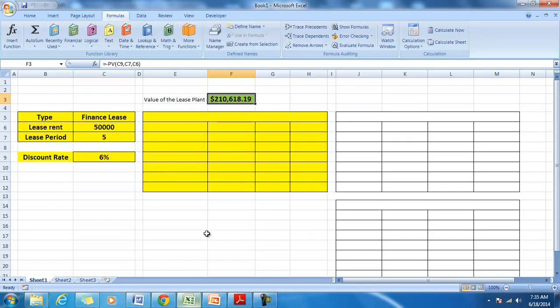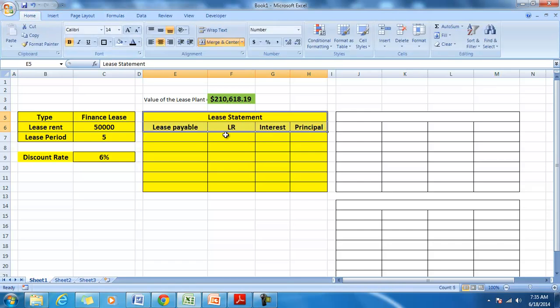So there is a need to classify the lease rent into interest and principal. For that purpose, we create a lease statement. The lease payable in the first year, at the time of the contract, is 210,618, and the lease rent is 50,000.